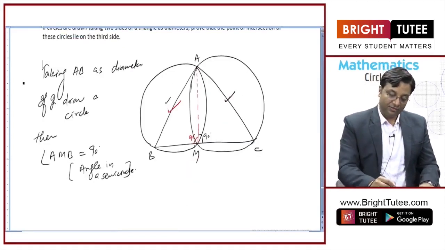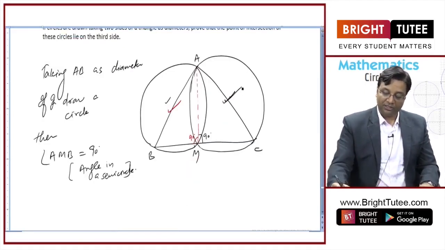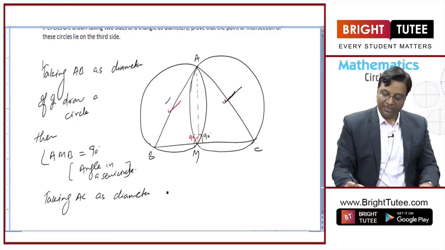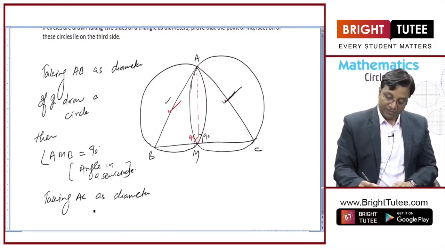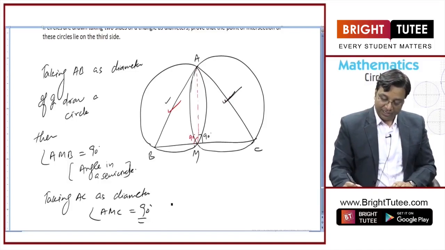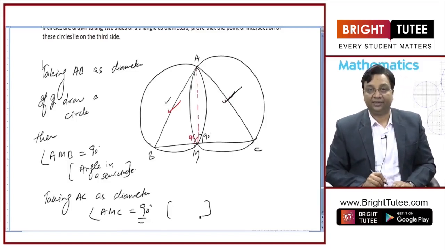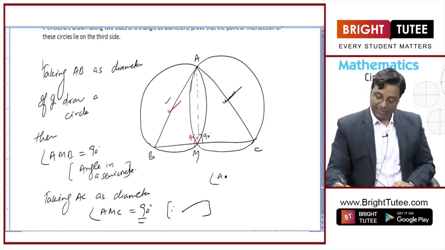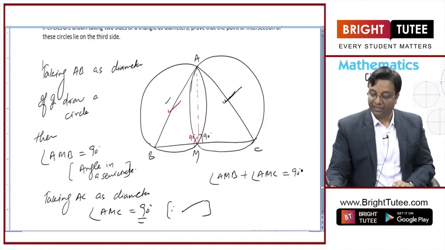right? Now, same about this side AC. Taking AC as diameter, I draw another circle, so angle AMC will also be 90 degrees. Why? Because angle in a semicircle is a right angle, right? This is the reason. Now, I know angle AMB plus angle AMC is equal to 90 plus 90, that is 180 degrees.